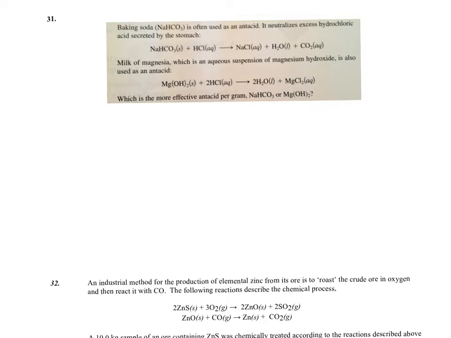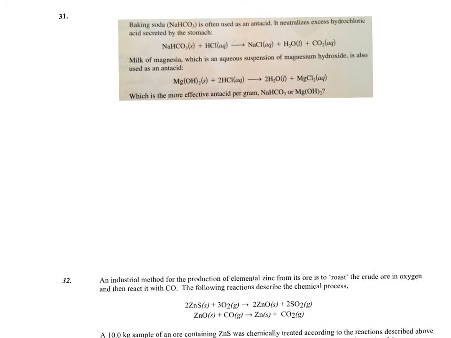It wants to know which is more effective antacid per gram. What you want to be thinking for this one is you want to relate it to how much is it going to react with the acid. Just like a neutralization, you want it to react with the acid. I also found that you can relate it to making the neutral water, but that's not the preferred route.